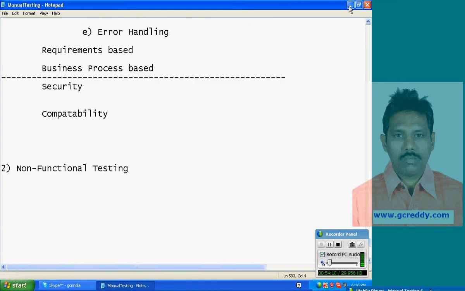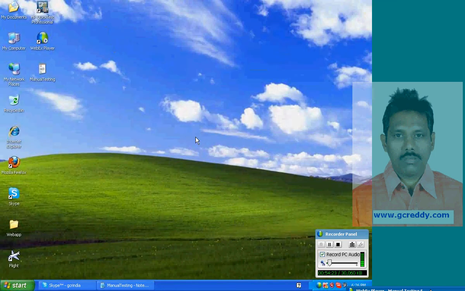Okay. Tell me, Priyanka. Give some brief explanation about functional testing. Functional testing means checking the functionality of a component or a system. It is based on the requirement and this can be applied on all levels of testing, but we are mainly referring to system testing. It has subsets like functionality testing, security testing, and compatibility testing.